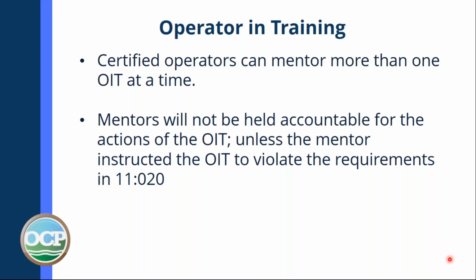And important for the mentor is that the mentors will not be held accountable for any action of the OIT unless the mentor instructed the operator in training to violate the regulations in 11.020. So again, if the operator in training does something, so long as you didn't tell them to do something illegal, you will not be responsible for their actions.